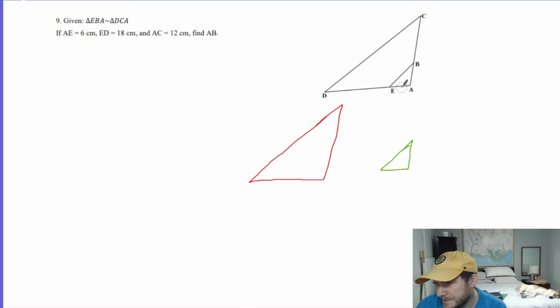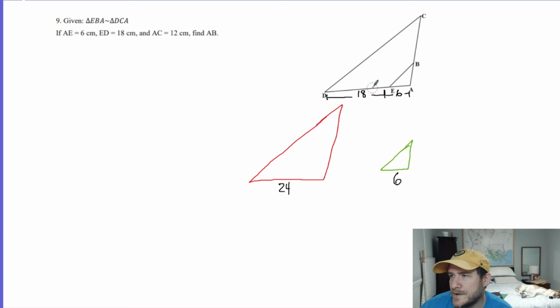AE is just this little dimension, so that's going to be on the little guy right here. It says ED is 18. ED is this piece. So if that piece from here to here is 18, and EA was 6, then what we know is that this dimension of the red triangle is 18 plus 6. So this dimension is 24.